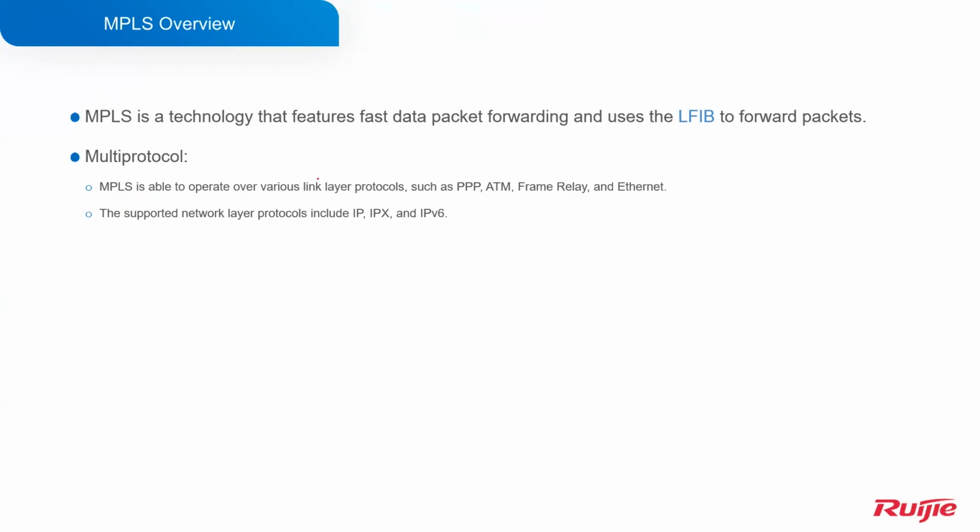If you deploy MPLS, your data link layer can use PPP, ATM, frame relay, and Ethernet. All these data link layers can support MPLS encapsulation. It also supports network layer protocols, including IP, IPX, and IPv6. So it is very useful.